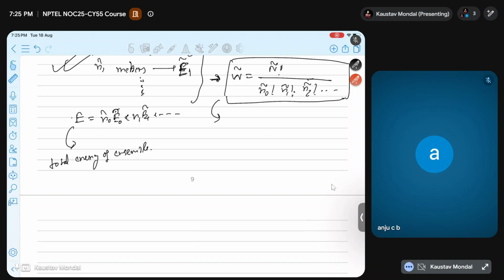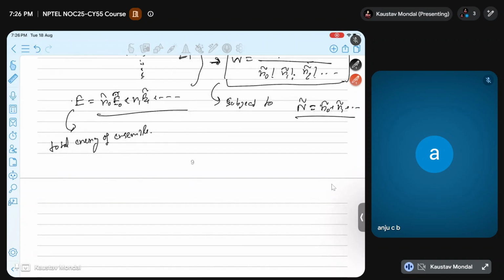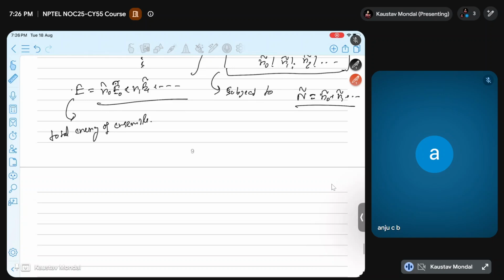The second one is that the total number of members is n equals n0 plus n1 plus so on. So these two constraints are there. If you incorporate these two constraints, you'll get a distribution like the Boltzmann distribution that you got earlier.